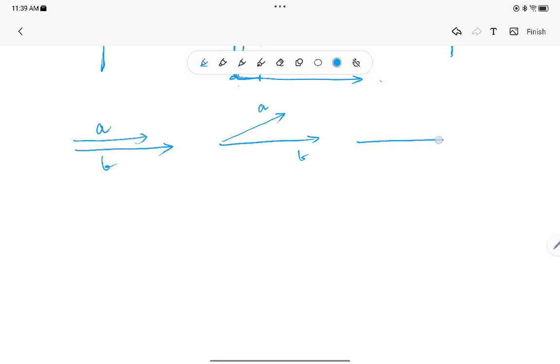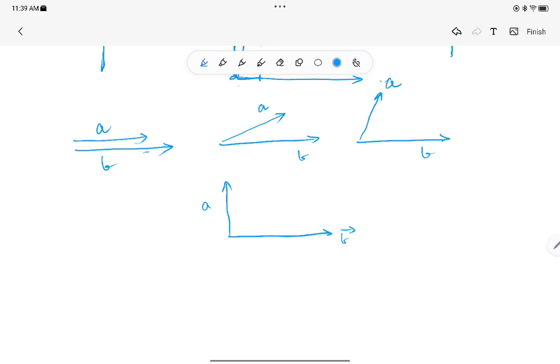Now you have two vectors like this. Look at the difference. Now lastly, you have two vectors like this. This is B, this is A. My question is, are these parallel? Yes, sir. They are parallel.